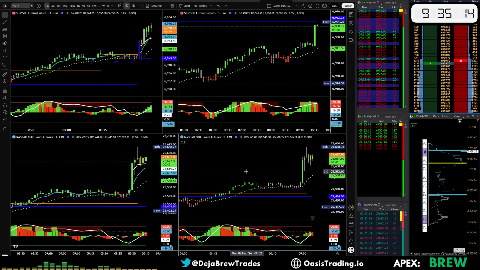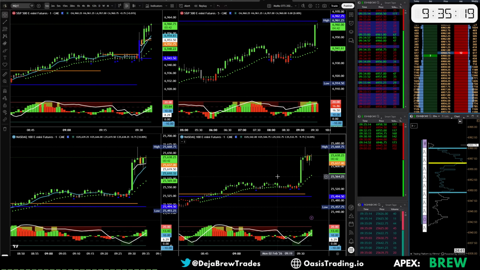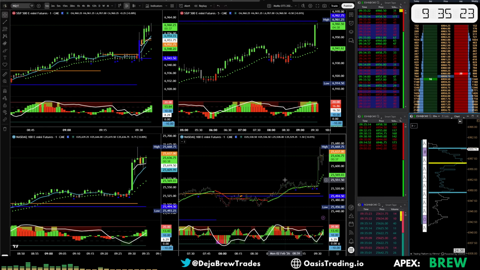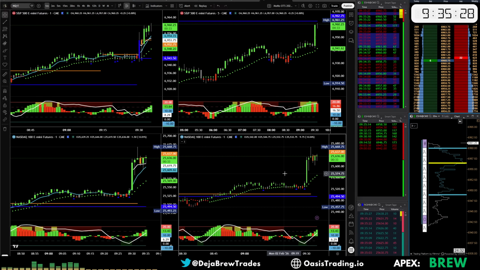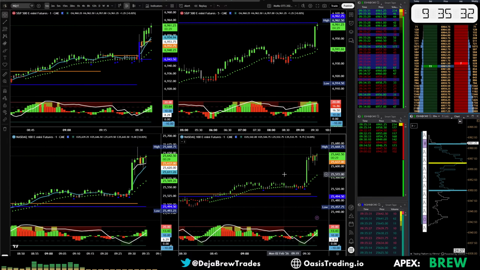Yeah, the pivots, just think of them as levels. Don't think too much about them being like resistance and support. They're only colored differently because of how they come in. The blue ones only come in on impulse downs, typically, and then the orange ones only come in after an impulse up.